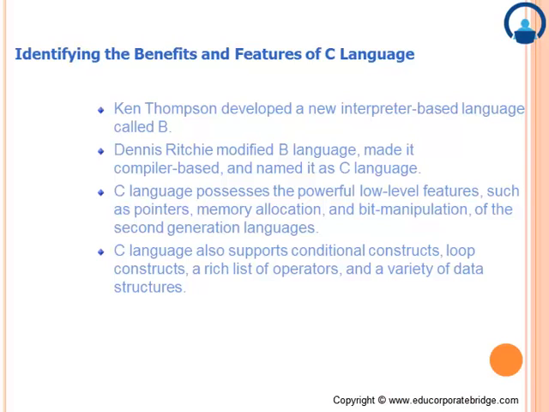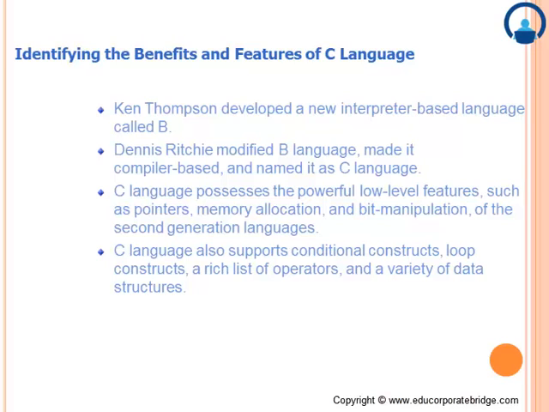Let me tell you, there are two types of languages: compiler-based languages and interpreter-based languages. What are interpreter-based languages? Let's say there's a program of 10 lines. If you run that program, the meaning of the first line is taken and it is executed.